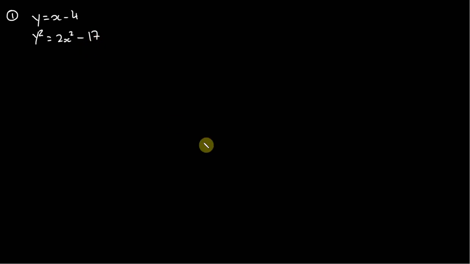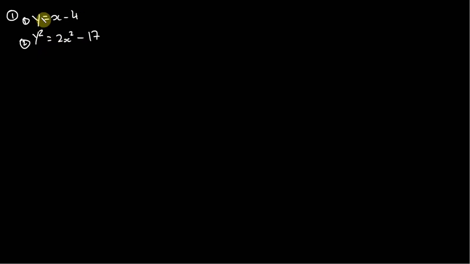So basically, we want to find where this line intersects the curve. Already, equation 1 is written quite neatly for us, where it's y equals x minus 4. We could rewrite this if we wanted to and have it set to x equals y plus 4, and then substitute that into the second equation.